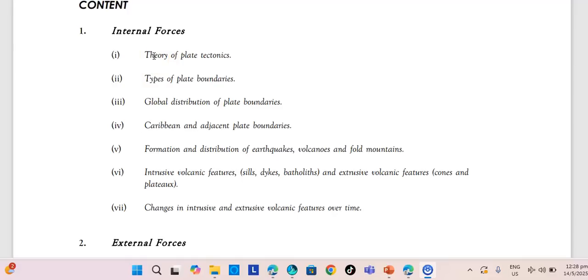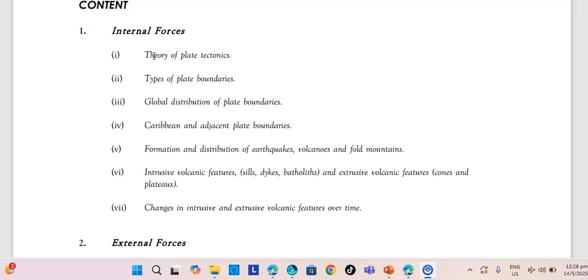Now, do you know what plate tectonics is? If you're thinking that it is the idea that the Earth's outer layer, which is called the crust, is made up of big pieces like a jigsaw puzzle. Now, these pieces are called plates and they move slowly over time, floating on a softer layer beneath them.